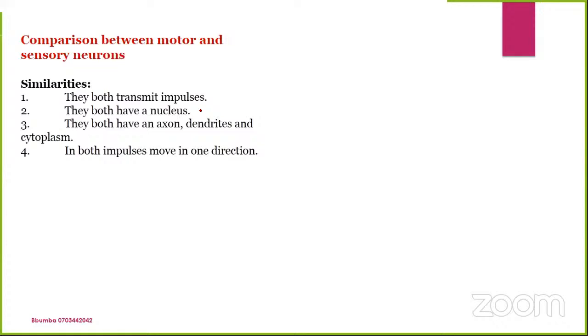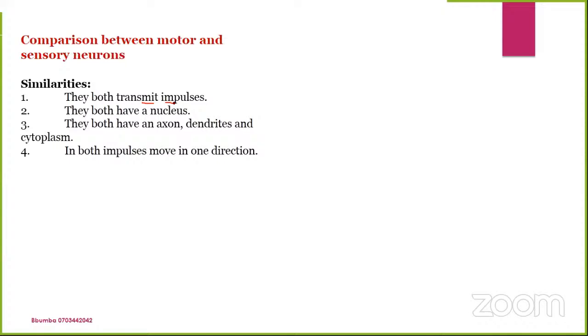Now, how can we compare them? Of course, both transmit impulses. That's a similarity. Whenever you are asked to compare anything in biology, just know that you must give similarities as well as differences. Now, last time, I was able to describe both of them very well.